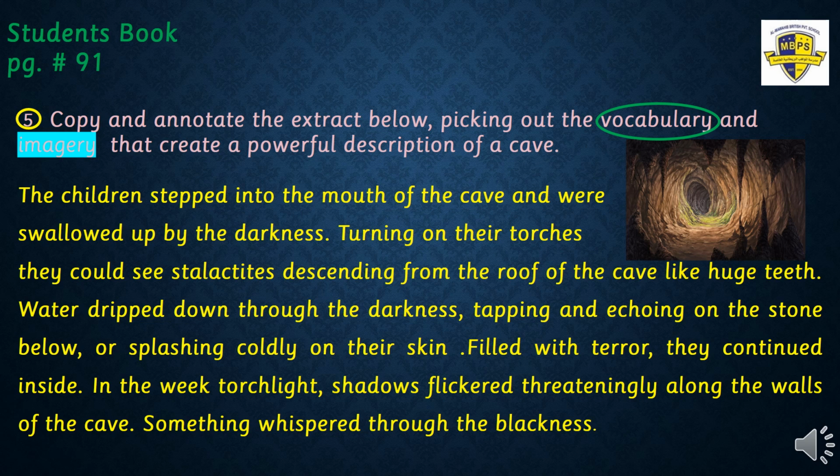When you find similes, metaphors, and personification, you are going to highlight them. It's very easy. You just need to read the text carefully. Keep a pencil and a highlighter with you while you're reading and circle descriptive words or vocabulary words which are used to describe the cave and highlight the imagery. Understood, all of you? Finish this work and send it to me for corrections.